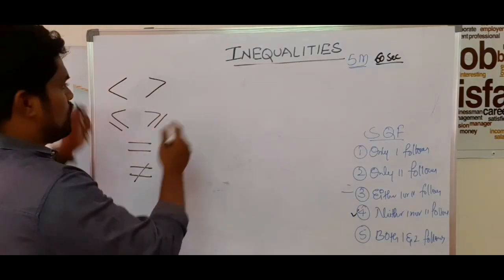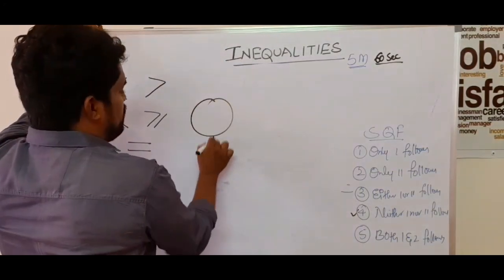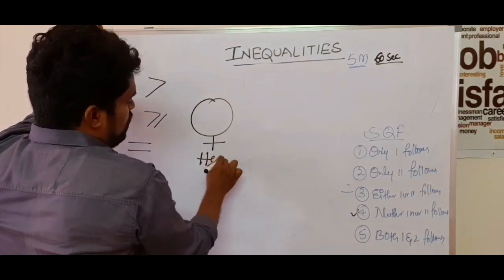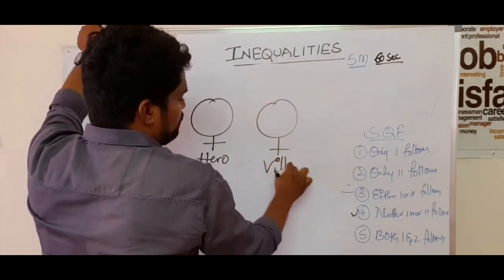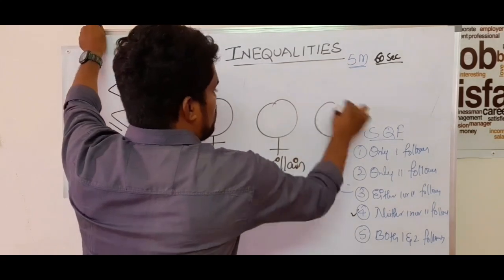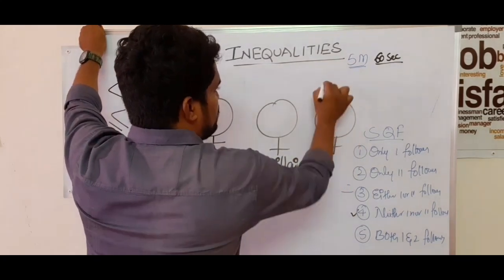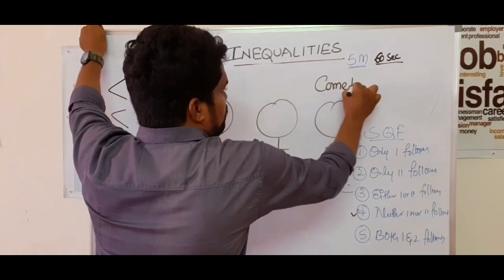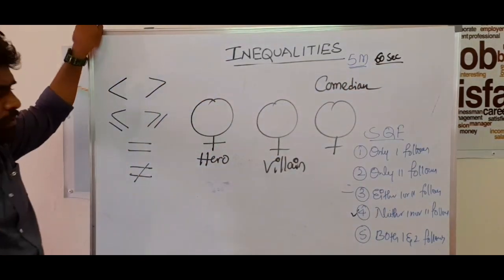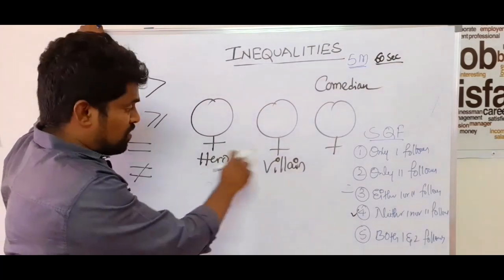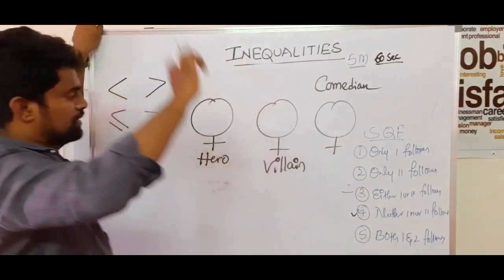For example, here is our hero, here is our villain, and this is our comedian. Here is hero, villain, and comedian.